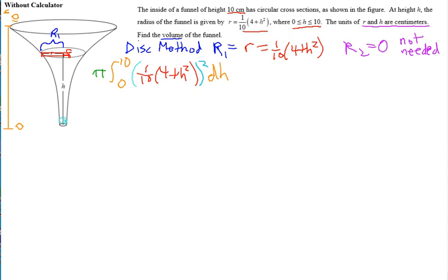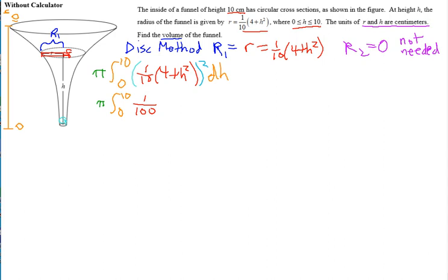Now this is without a calculator, so we just have to work it out. First, we have to make this a little simpler so we can integrate it by hand. We can leave the pi on the outside for now, and let's first square this out. So we'll have the integral from 0 to 10. When you square 1/10, you get 1 squared is 1, 10 squared is 100.